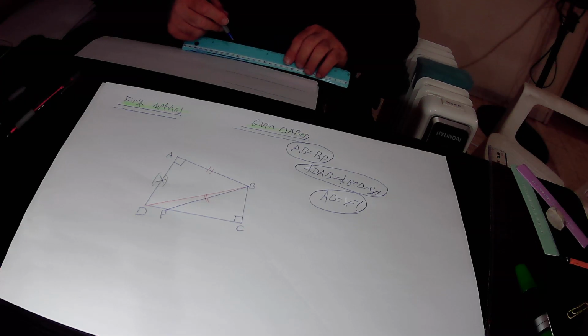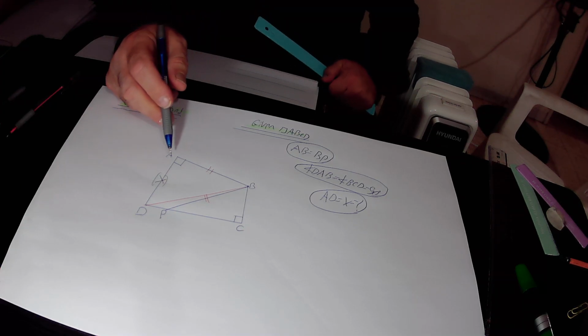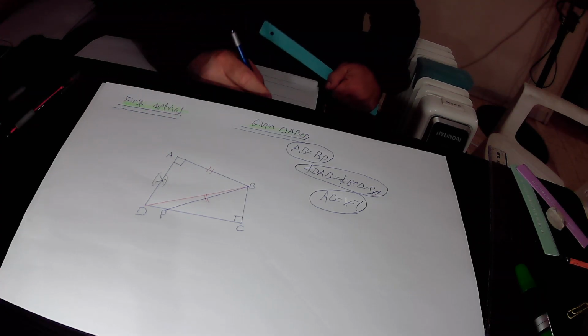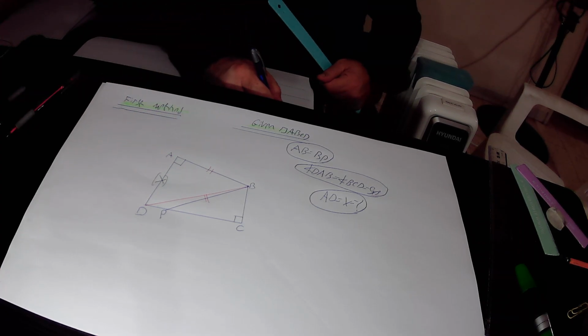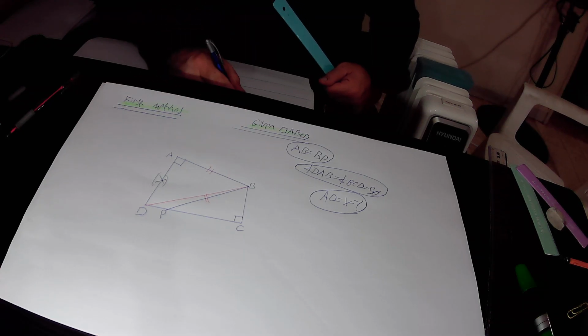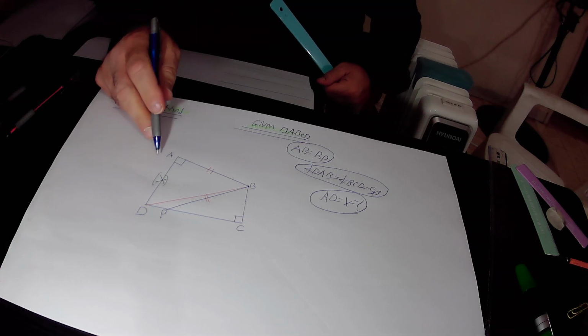According to the Pythagoras theorem, in this upper right triangle ABD, BD squared, that is the square of the hypotenuse, equals AB squared plus AD squared.